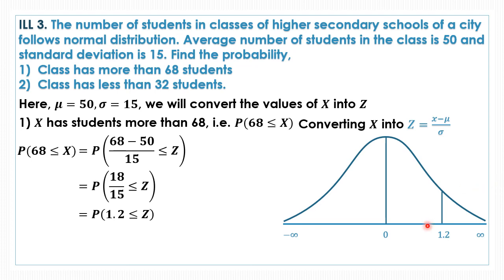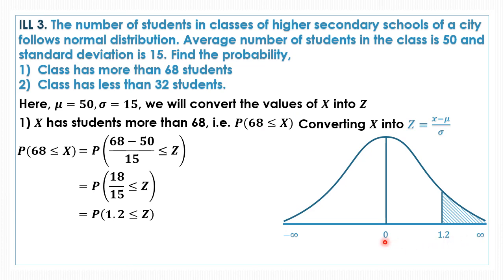More than 1.2 is the right side part up to infinity. This is the part which we are going to calculate right now, and it does not come anywhere near this 0. But I think you must remember that in my previous tutorial I explained an exactly similar kind of example and how to solve that.